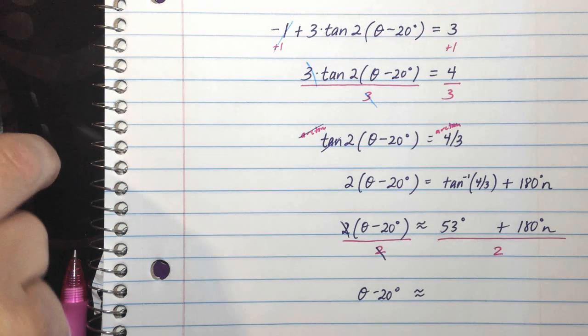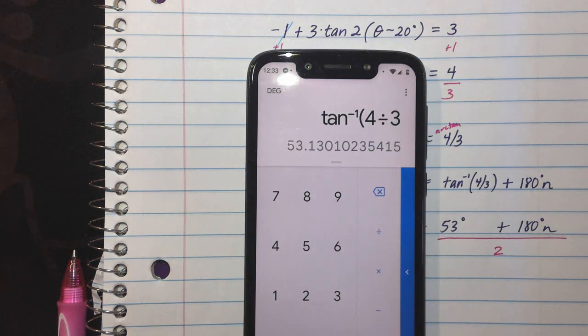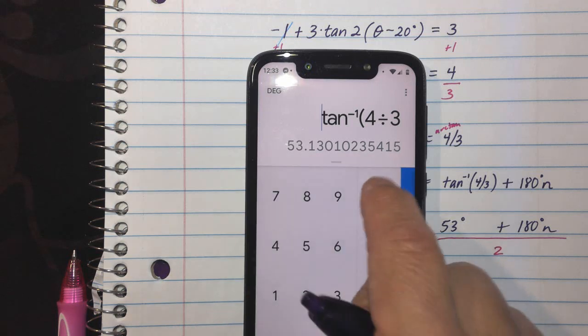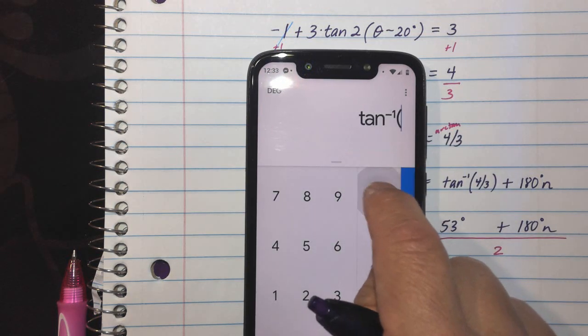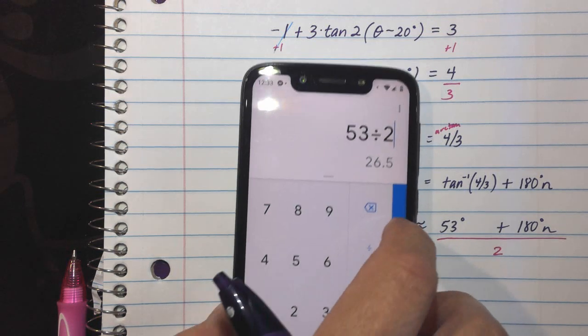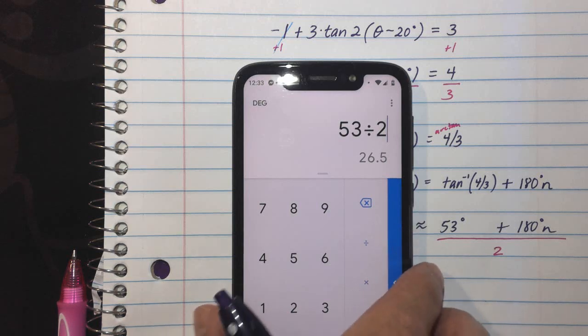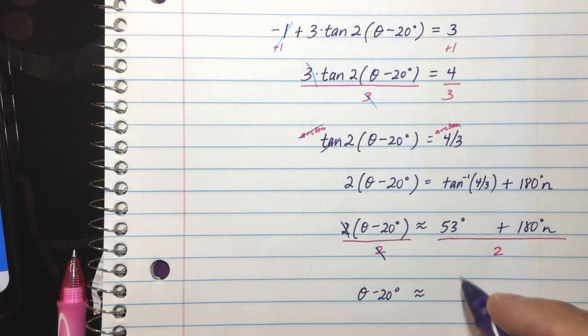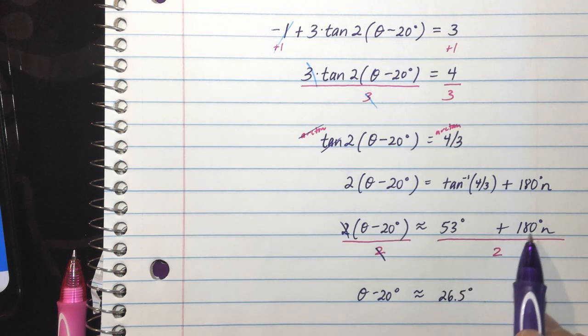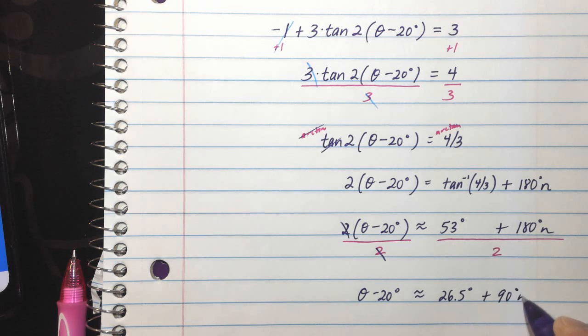I don't know, 27.5. That's my brain not working. My calculator not working. 53 divided by 2. You ever have 26.5? See, I said 27.5 because I'm an idiot. 26.5 degrees, and then 180 n divided by 2 is 90 n.